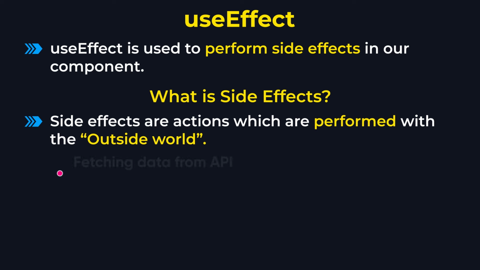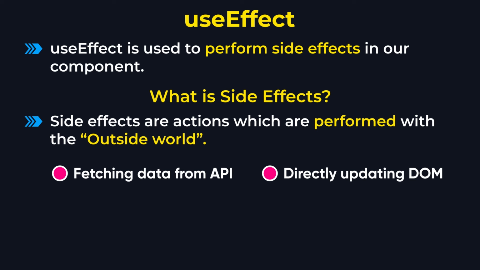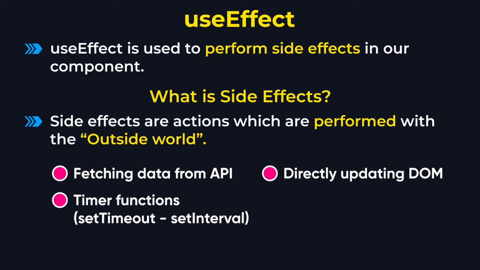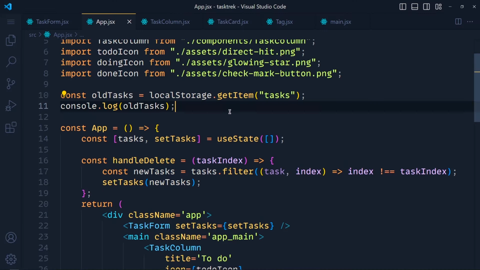For example, fetching data from an API, directly updating the DOM in which we use the document or window object, or timer functions like setTimeout or setInterval. These are the most common side effects in React. So to perform any kind of side effect, we need to use the useEffect hook. Don't worry about this theory, let's see this practically.